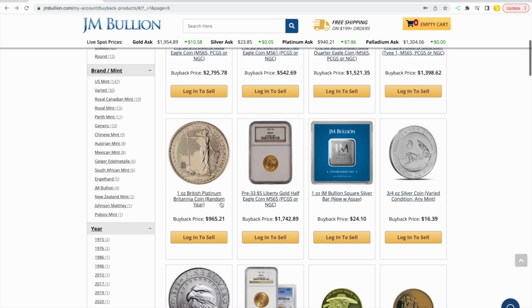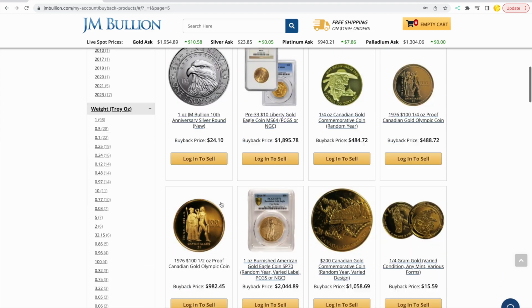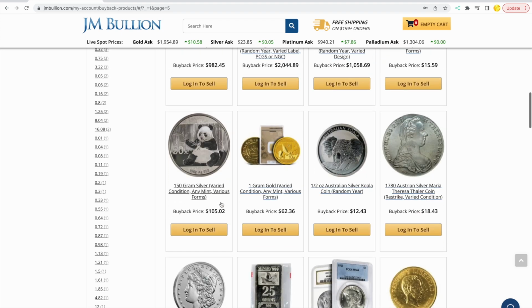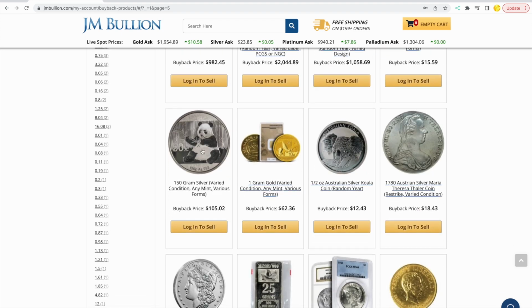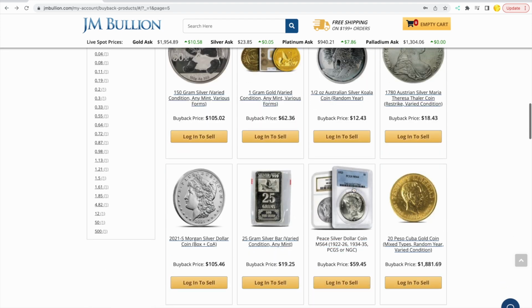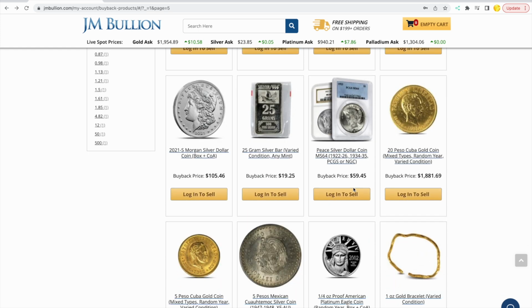Right. Okay, if you have something, let's see. What else are they buying here that's interesting? Pandas. I don't want that panda, but let's look at the 21S Morgan. Interesting.